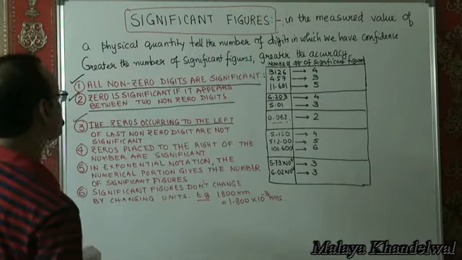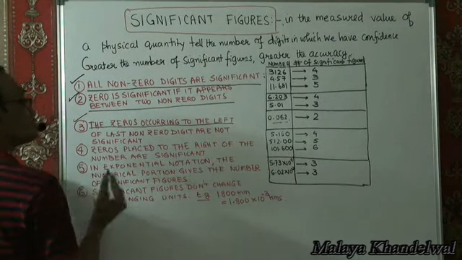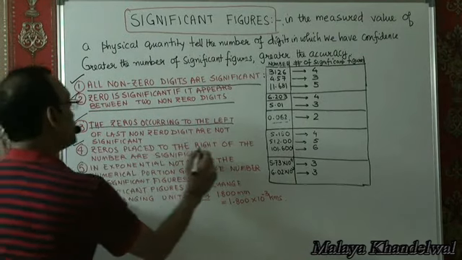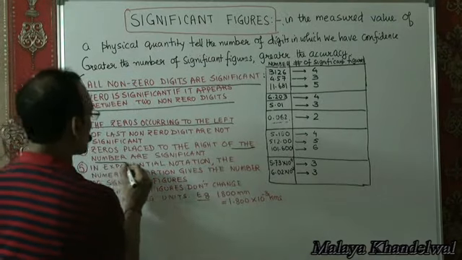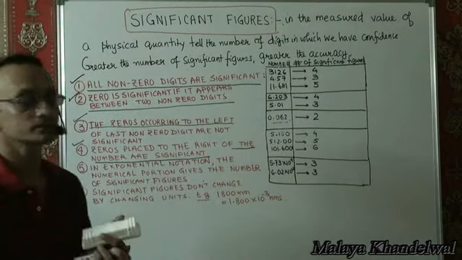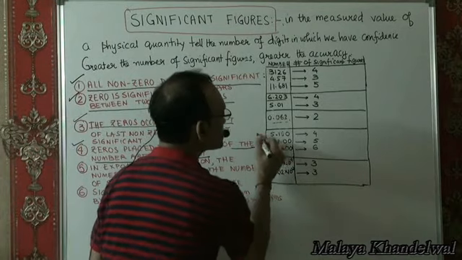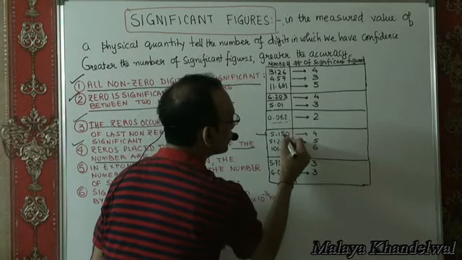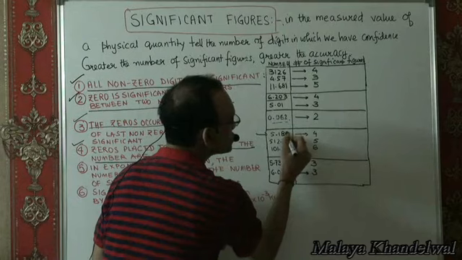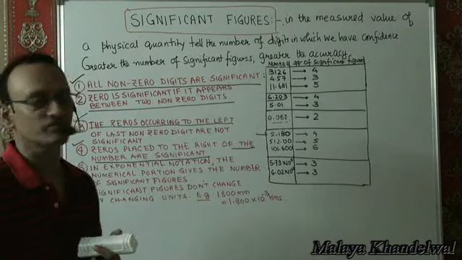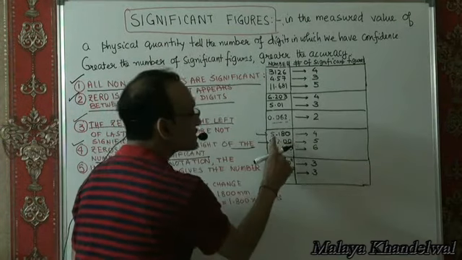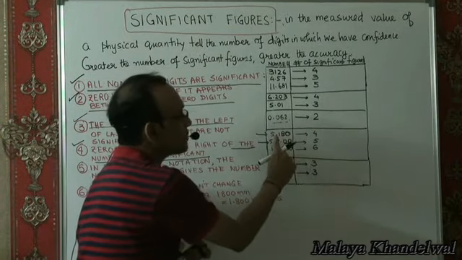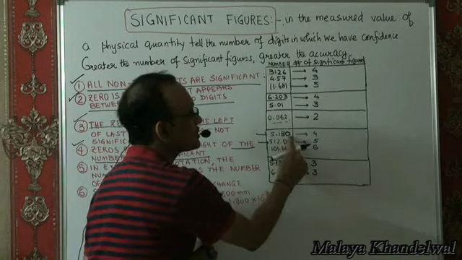Look at the next one, rule 4. Zeros placed to the right of the number are significant. So, look at this, 5.180. This 0 would be counted as a significant figure. 5.12.00: in this case, these zeros are counted and the number of significant figures is 1, 2, 3, 4.